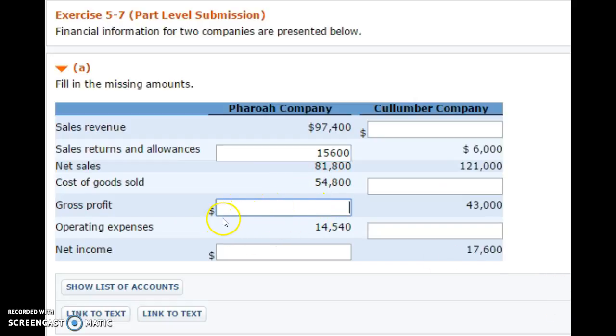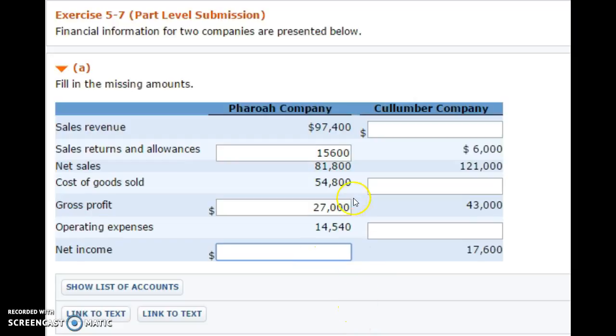So then we want to solve for gross profit. This whole thing is actually pretty simple. The gross profit is you subtract cost of goods sold from net sales, and that gives you 27,000.